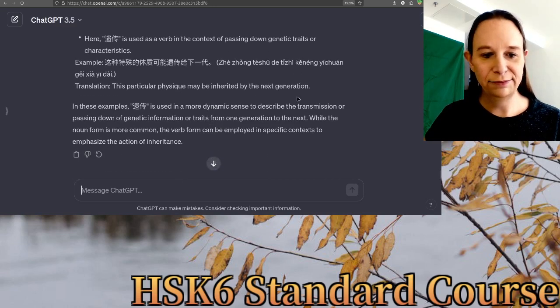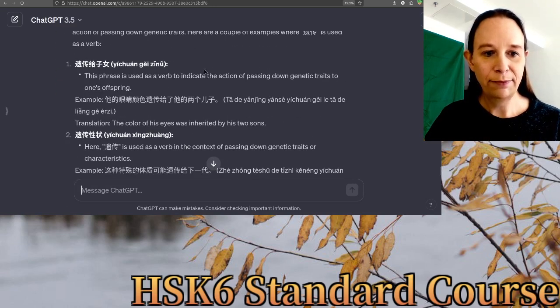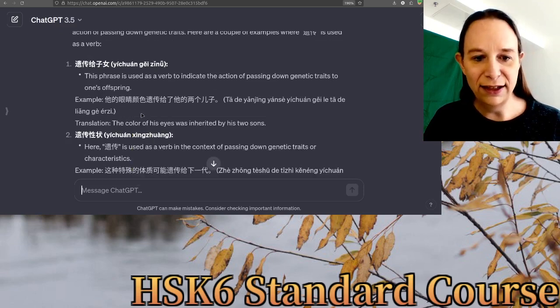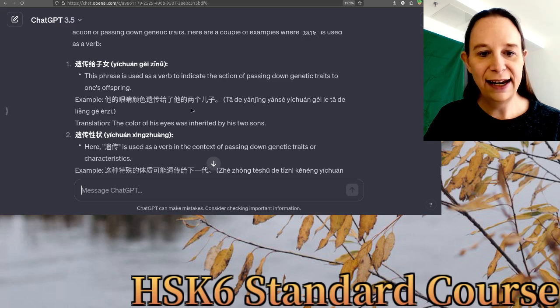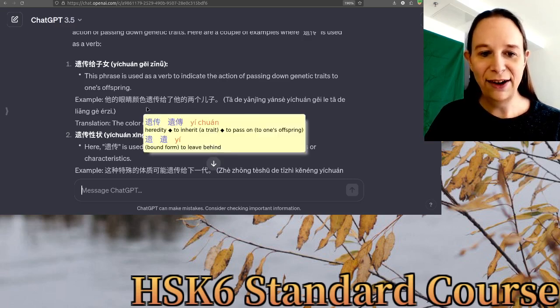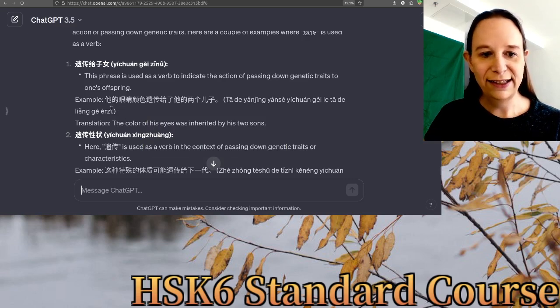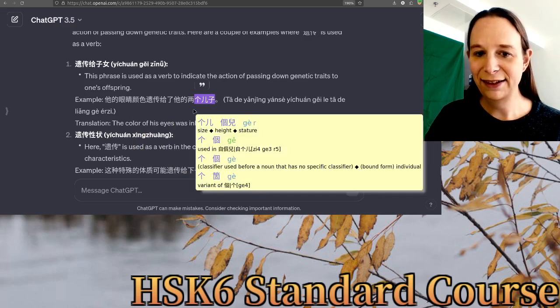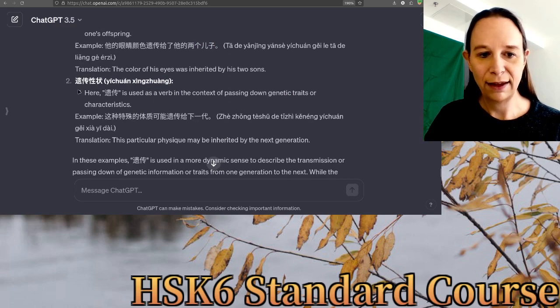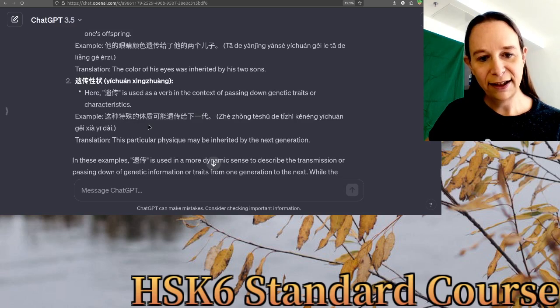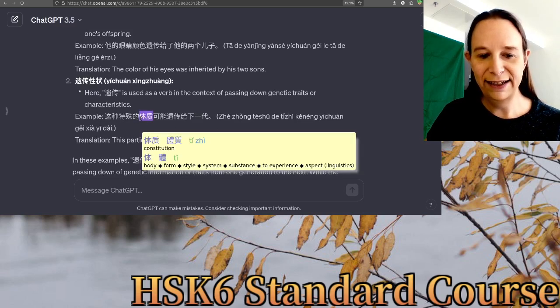All right, where are we? 遗传给子女, 他的眼睛颜色遗传给了他的两个儿子. So his eye color was passed on to his 2 sons. 这种特殊的体质可以遗传给下一代. 体质, what do you mean?